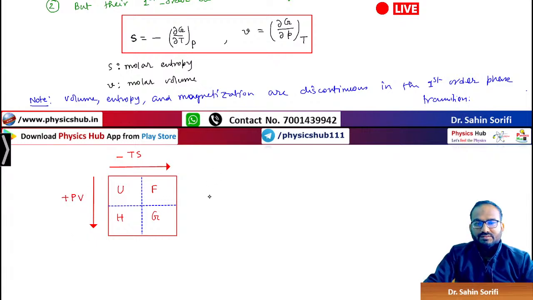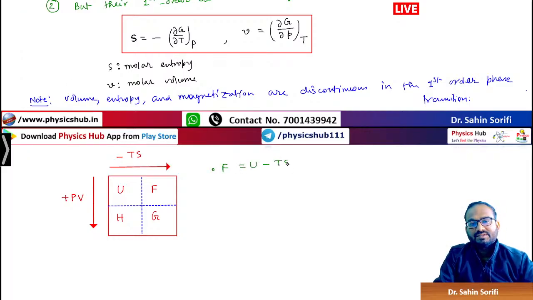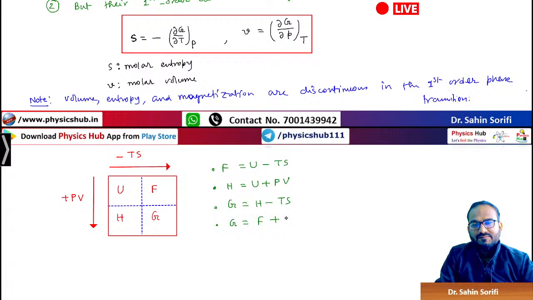We obtained various relations like F equals U minus Ts, H equals U plus PV, then G equals H minus Ts, and G equals F plus PV.